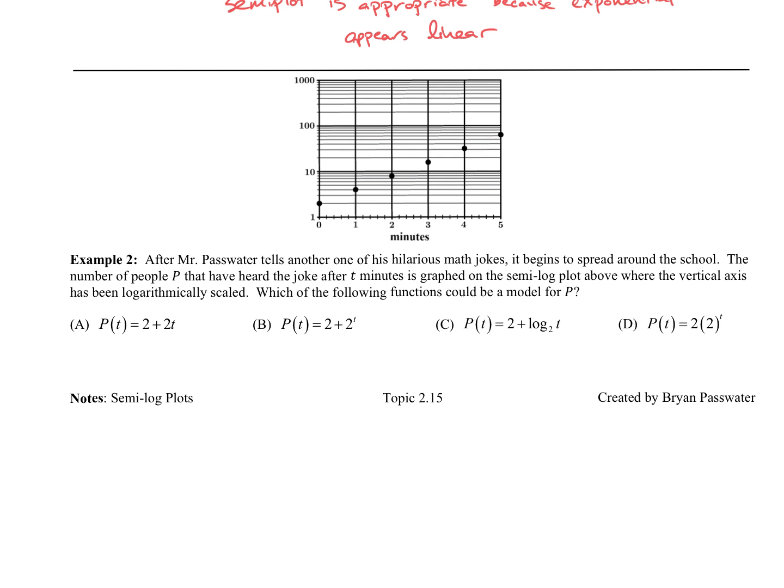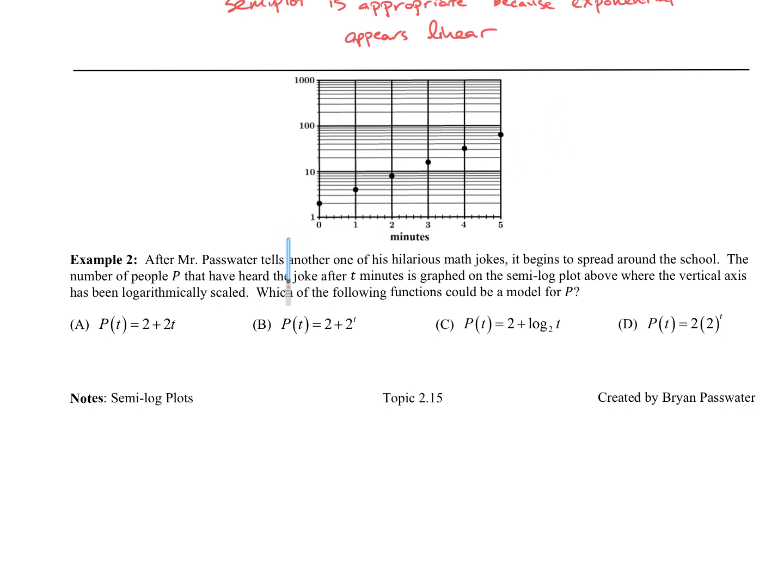After Mr. Passwater tells another one of his hilarious math jokes, it begins to spread around the school. The number of people P that have heard the joke after t minutes is graphed on a semi-log plot above, where the vertical axis has been logarithmically scaled. Which of the following functions could be a model for P? Let's look at this semi-log plot. What do we notice?